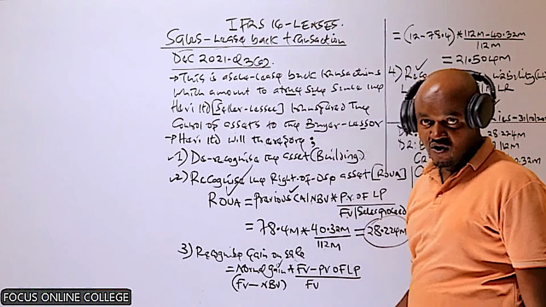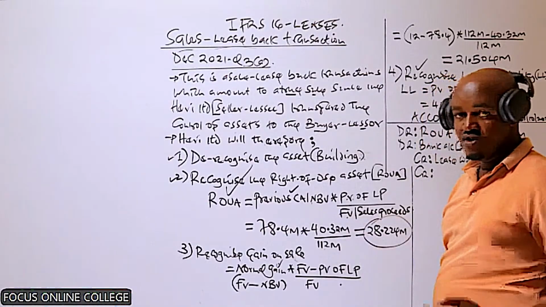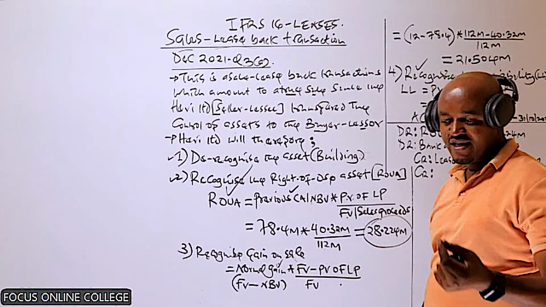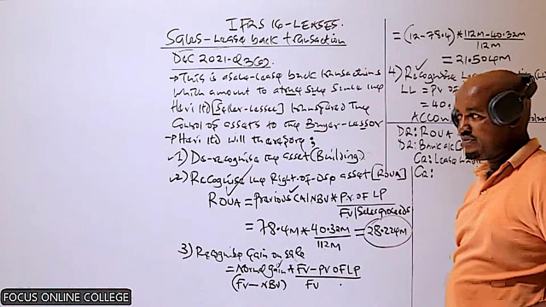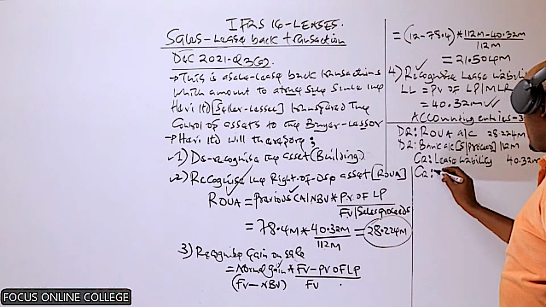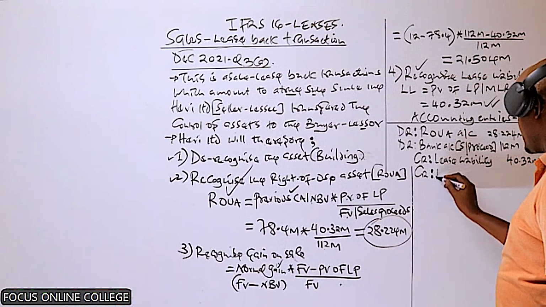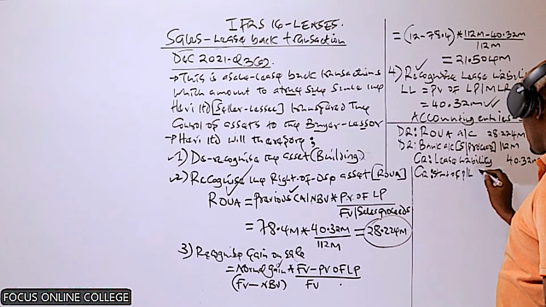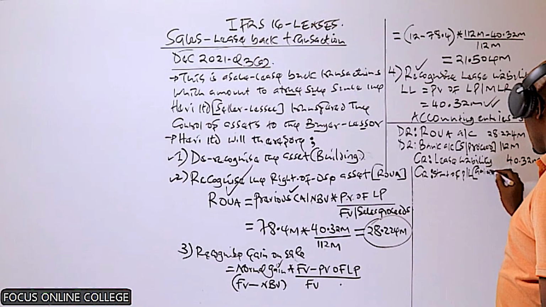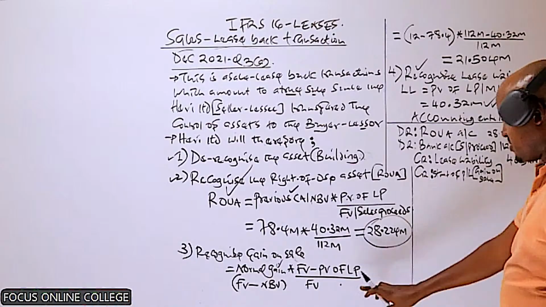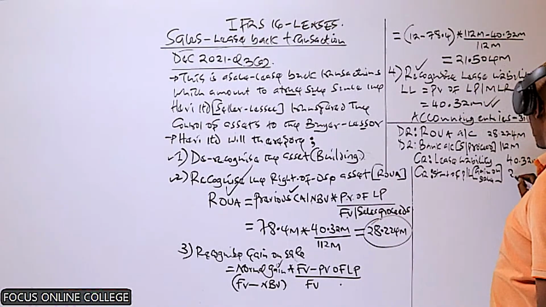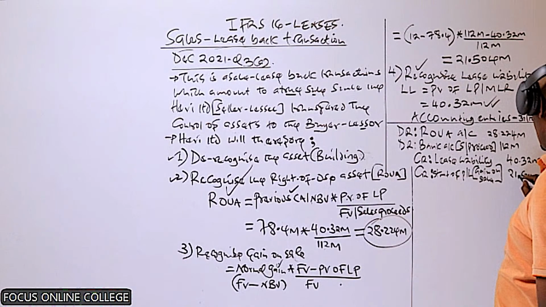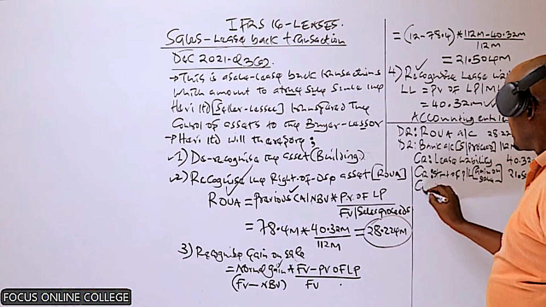The gain on sale is an income, so it is credited in the statement of profit or loss with this amount, 21.504 million.